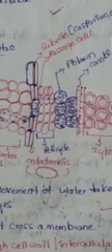Okay, do you understand? This is the root here, and inside are the cortical cells, also called parenchymatous cells. The cortical cells are loosely arranged, and between them are intercellular spaces. The innermost layer of the cortex is called the endodermis.